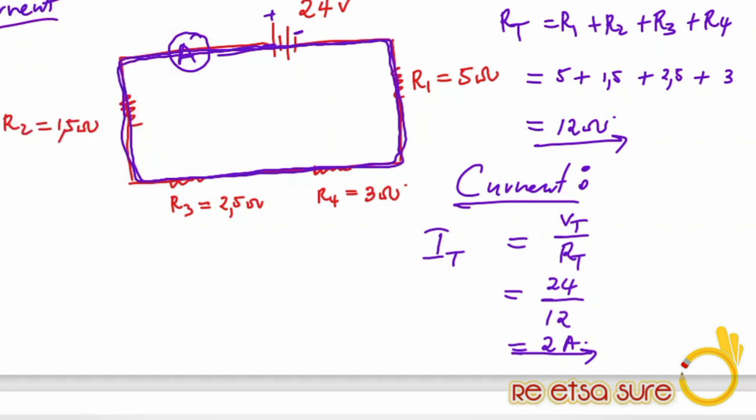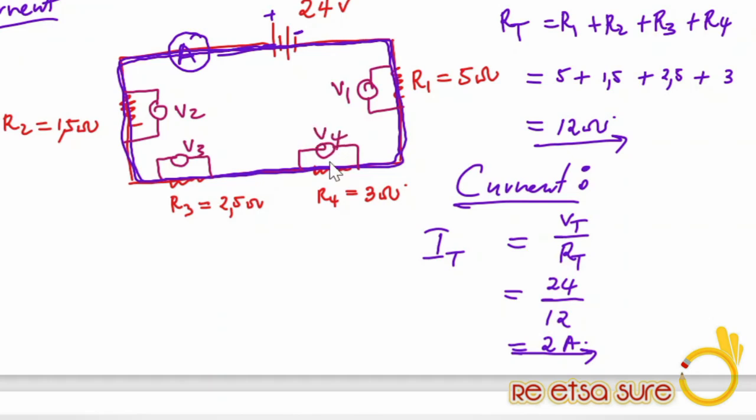Now let me show you something. There will be a time whereby I will be connecting the V across each resistor. Let me just say this one is V1, this one is V2, and then we have V3, and then this one is V4.